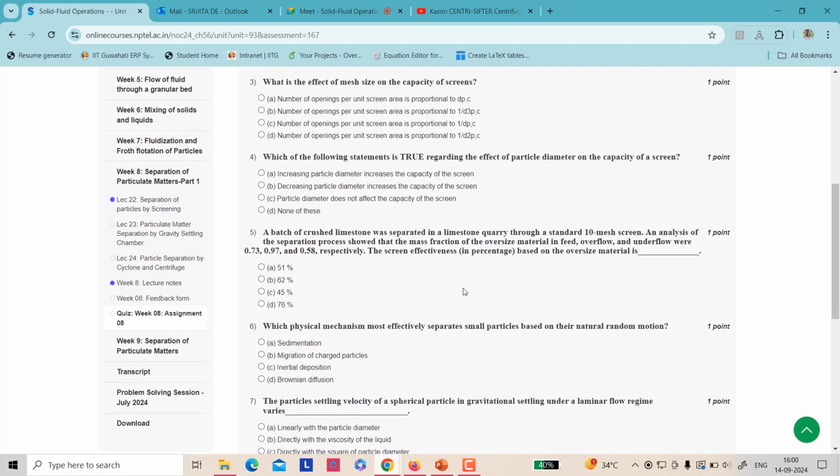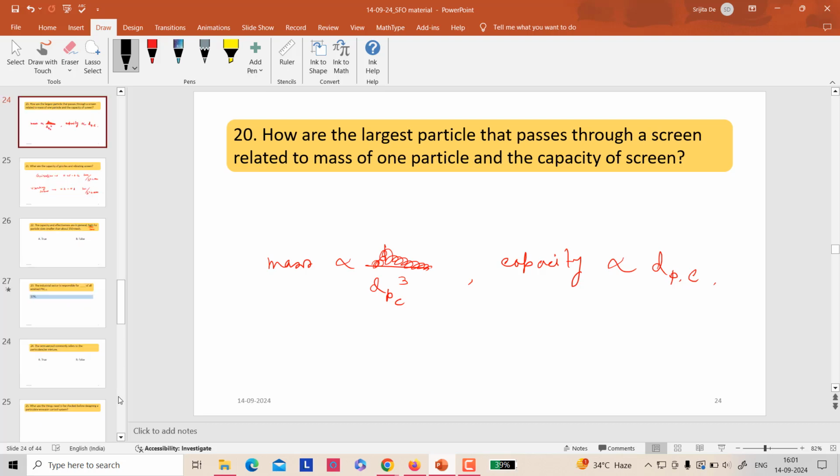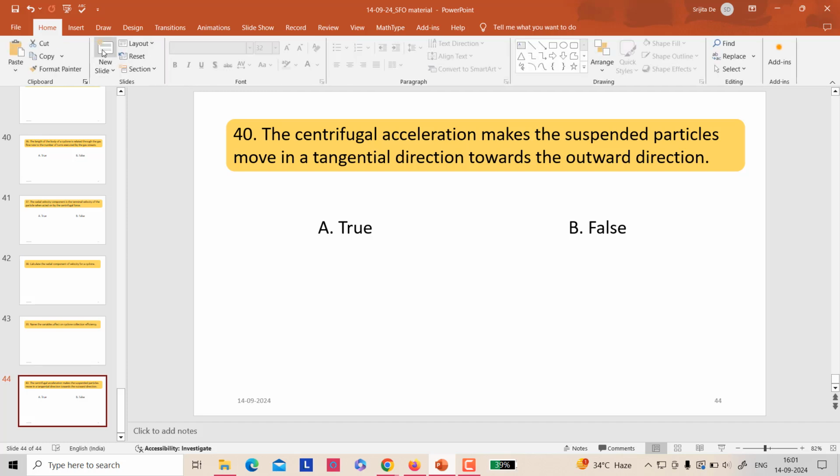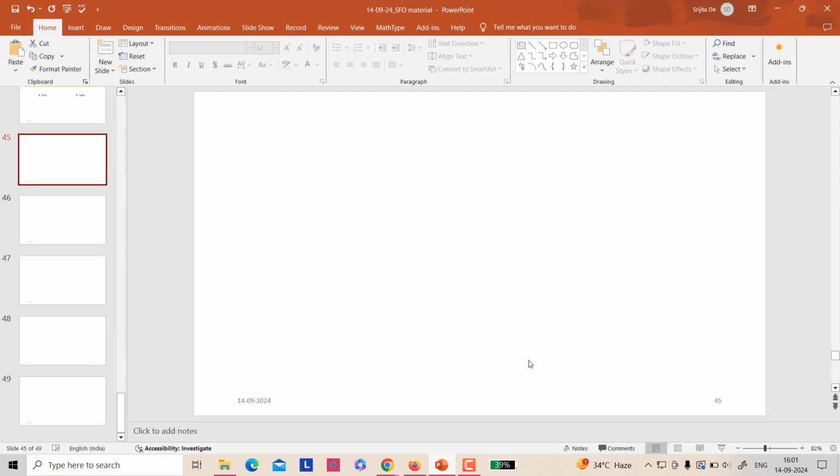A batch of crushed material was screened. It has just asked for the screen effectiveness based on the size.